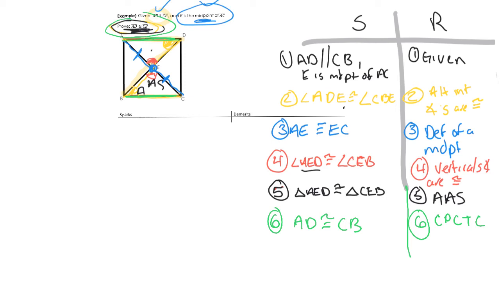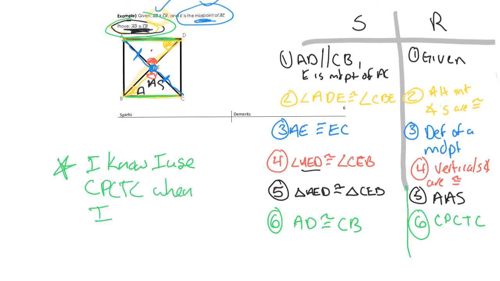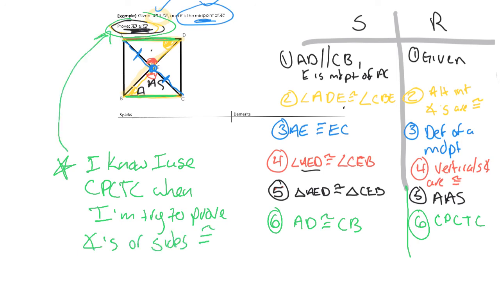So basically, I use CPCTC when I'm trying to prove angles or sides are equal. See how what I was trying to prove was sides on this one? I wasn't trying to prove the triangles are equal. That's how I know, ooh, my last step's gonna be CPCTC.